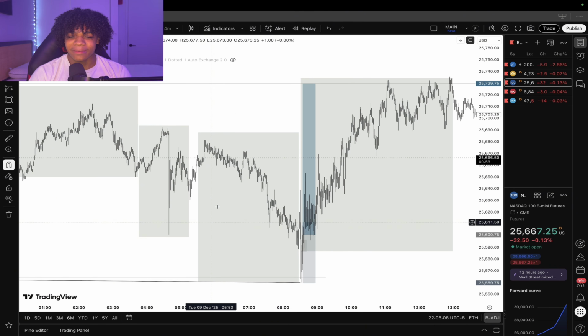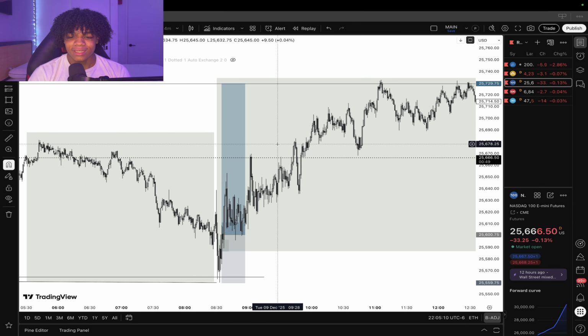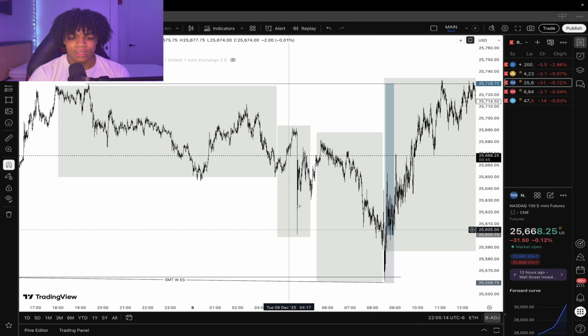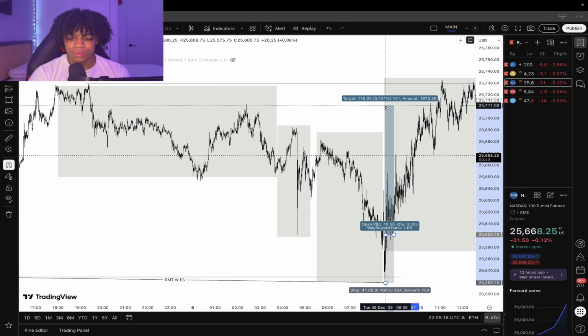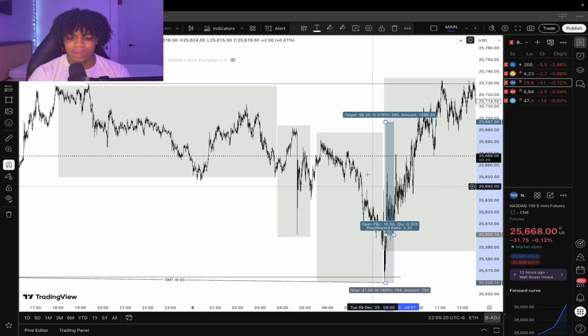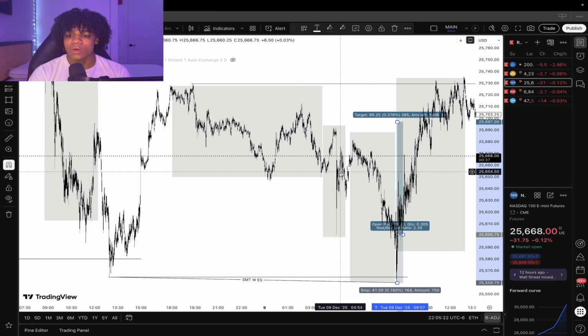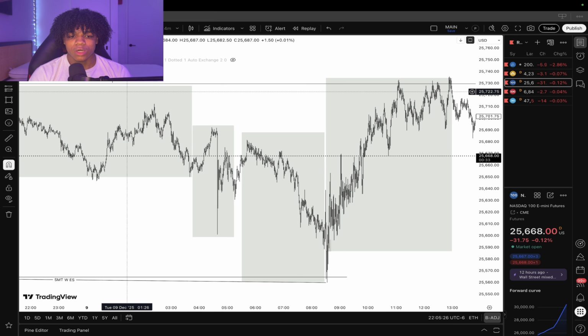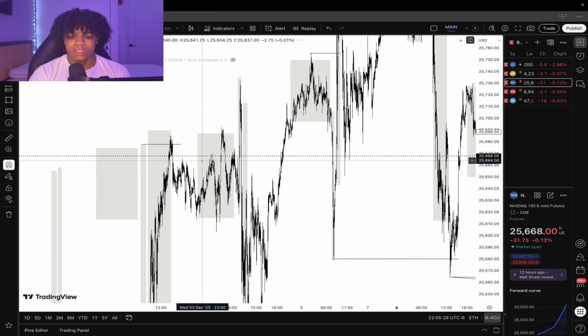I was actually expecting a better day coming from a red folder news day, but you don't always know. But we did get the direction right for the day. All right. Or you could have targeted either one of these highs. But what you can see is in all case scenarios, you at least got over a 1 to 2. It's pretty good, right? Now let's go into a bearish scenario.